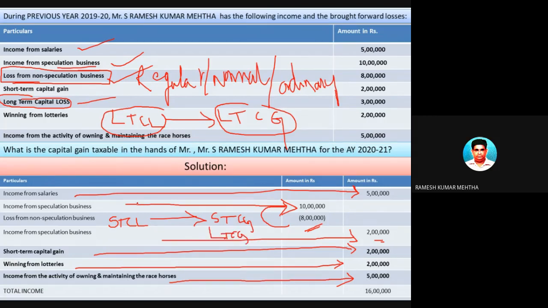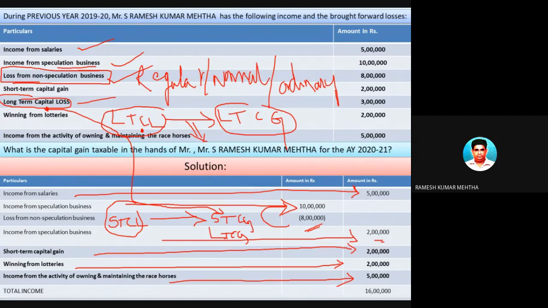These are the rules for intra-head adjustments. That's the reason why this long-term capital loss cannot be set off against this, because long-term capital loss can only be set off against long-term capital gain. Means if long-term capital loss is there, then it should be set off against long-term capital gain only and should not look for setting off against any other source of income.